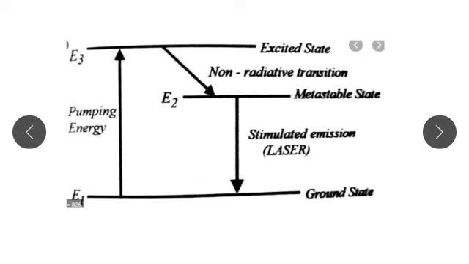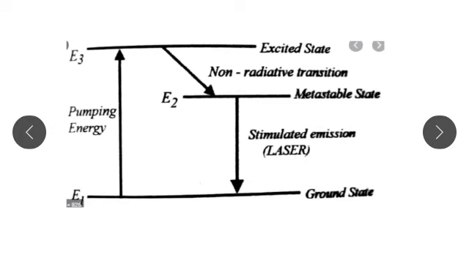Here we know that there are different energy states. The lower energy state is called the ground energy state, or ground energy level. These are the different energy states, and the energy of these levels is higher as compared to the ground energy state.